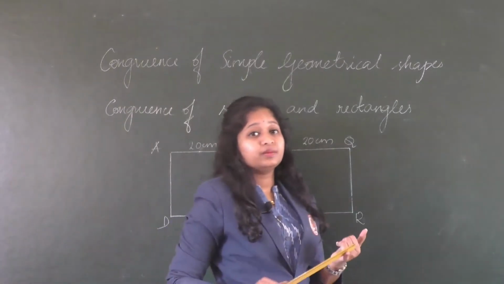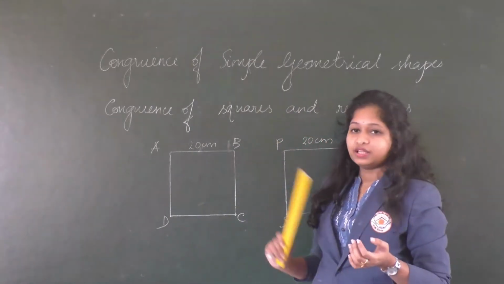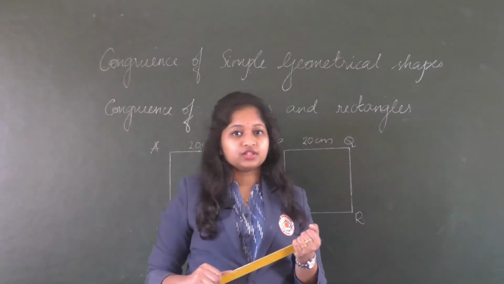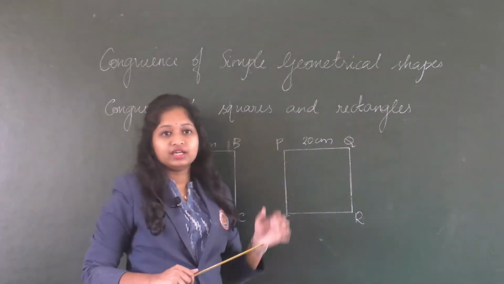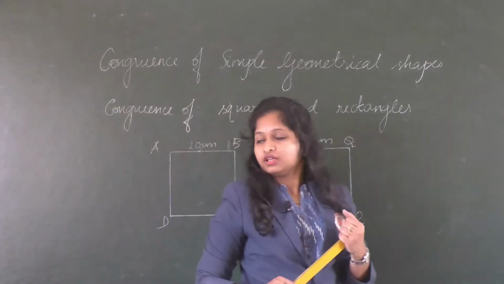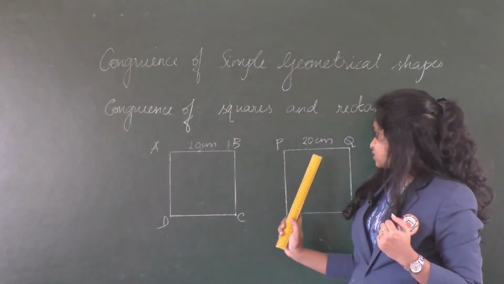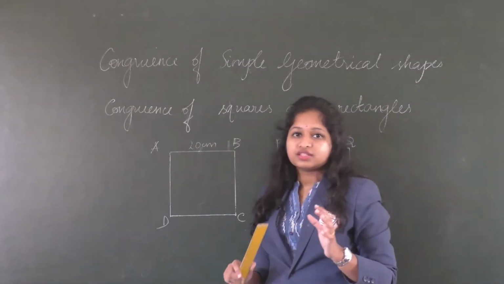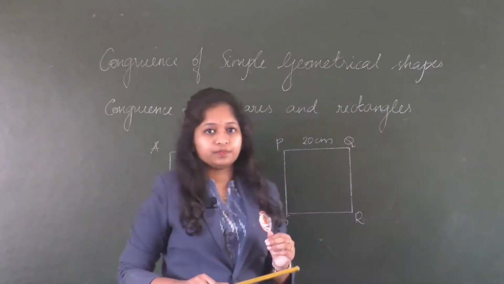So children, we completed the congruence of line segments, angles and circles. Now let's see the congruence of squares and rectangles. Here I have two squares, square ABCD and square PQRS. Okay, you know that all the sides of a square are equal.